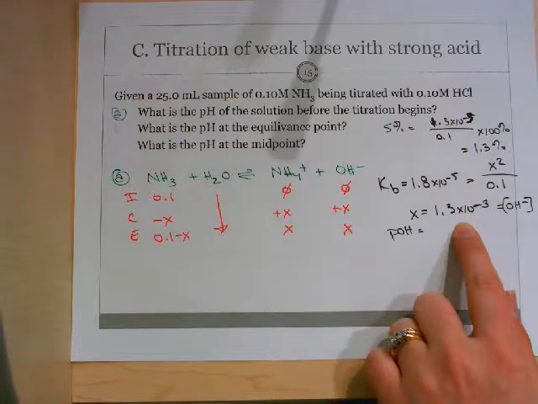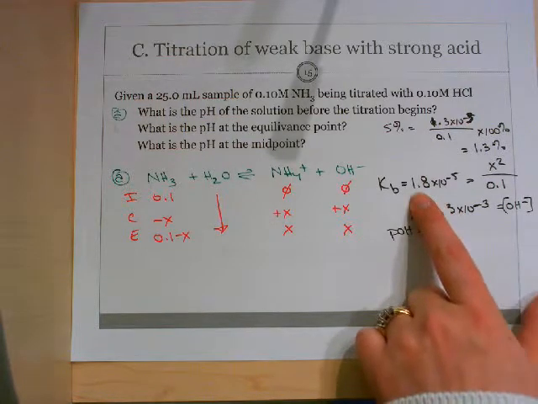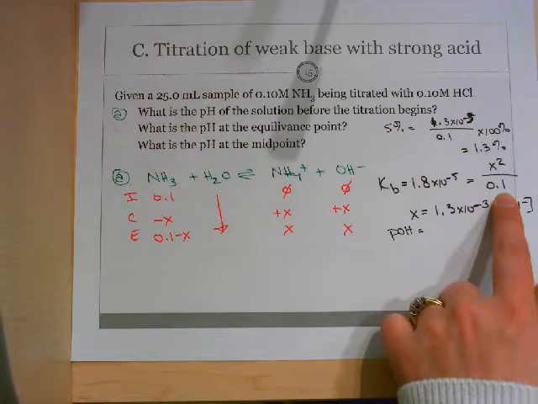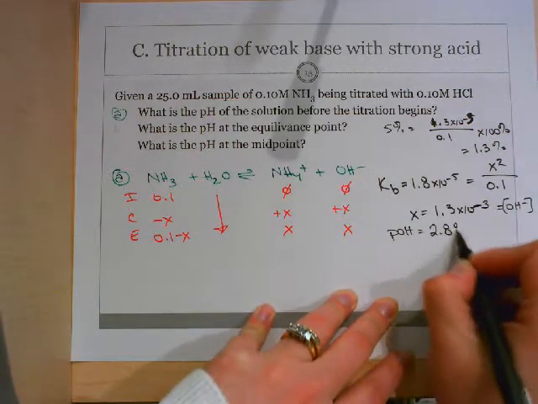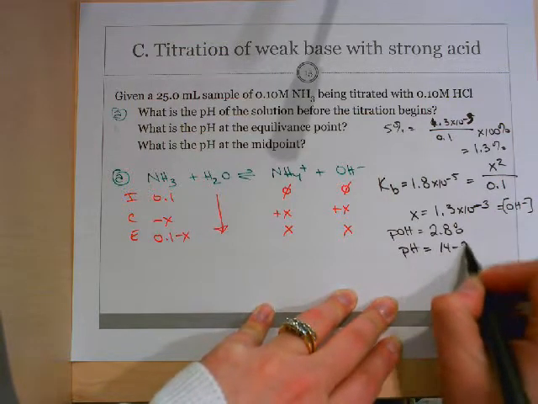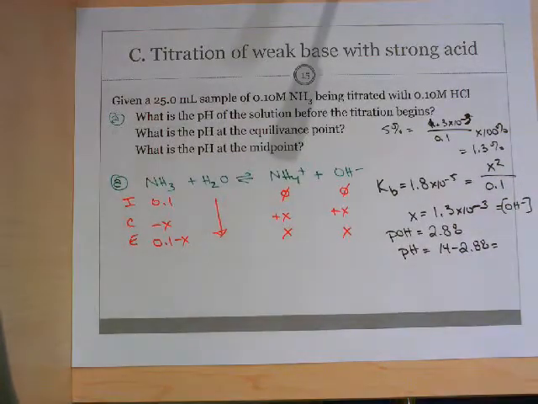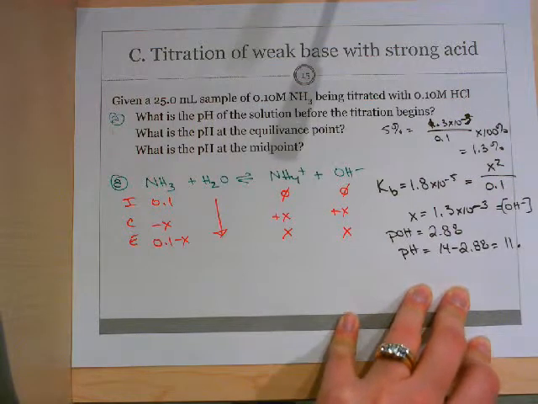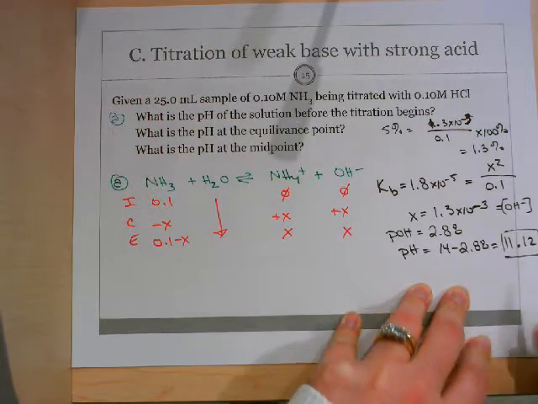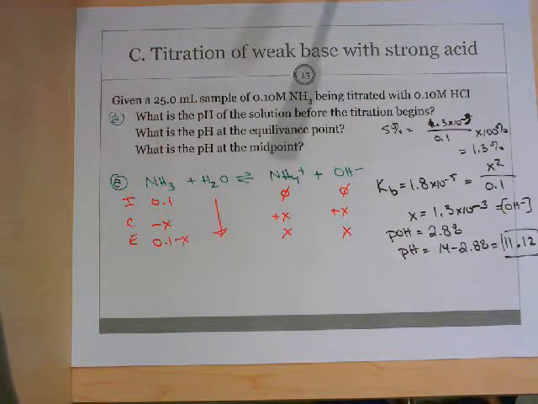I did 1.8 times 10 to the negative fifth times 0.1 and square rooted. For those playing along at home, get something similar.